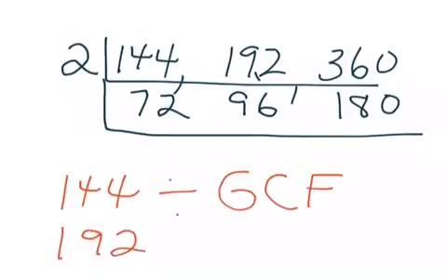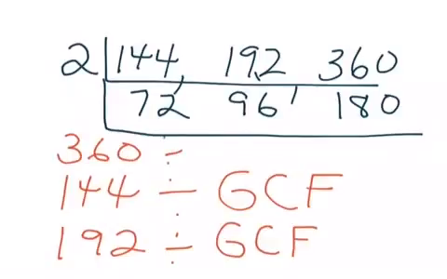The 192, you're going to have to divide that by that same GCF to figure out how many streamers he was able to get out of the 192. And 360, you're going to need to divide that by the GCF in order to figure out how many streamers he was able to get out of that piece of long streamer. Once you have that, we want to know how many streamers can be cut all together. All right, that's your job.